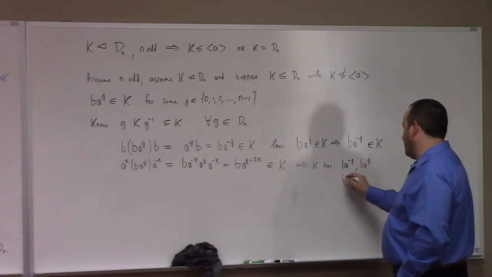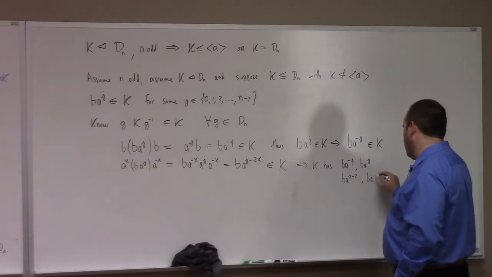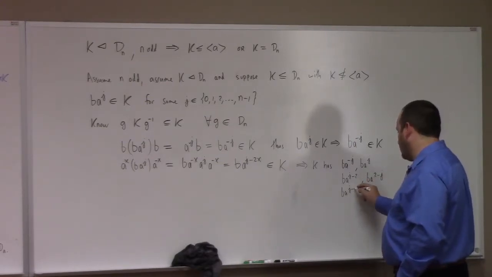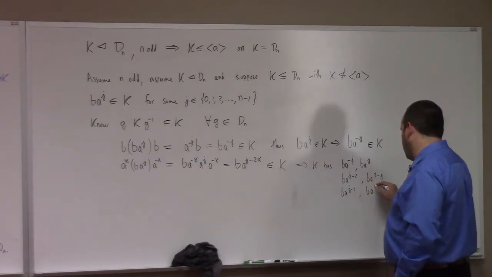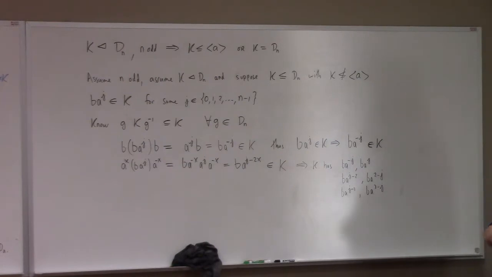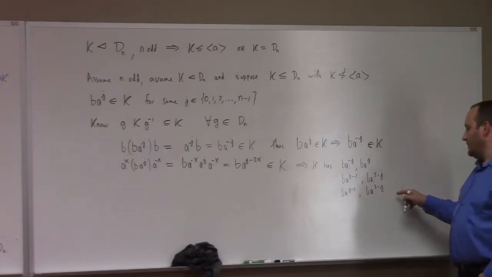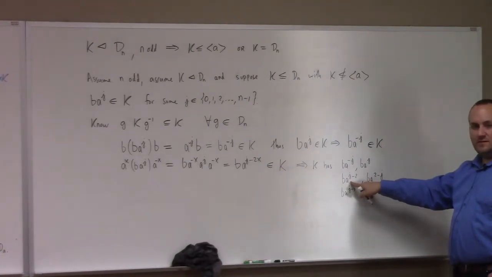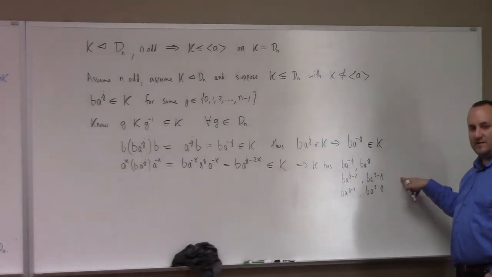It's got B A to the j minus 2, and B A to the 2 minus j. It's got B A to the j minus 3, and B A to the 3 minus j. Once you know this is in there, you know the negative is in there by conjugation by B.